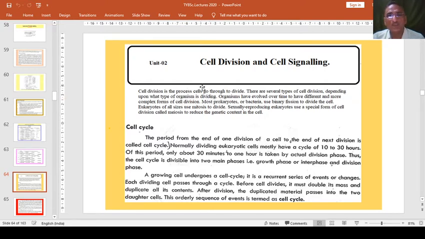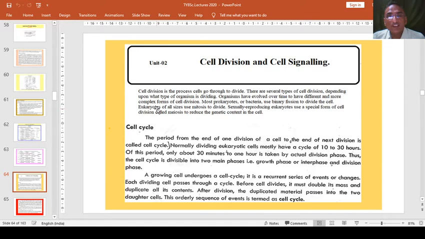There are so many differences. Organisms have evolved over time to have different and more complex forms of cell division, and most prokaryotes or bacteria use binary fission to divide the cell. That means they divide directly, vertically or horizontally, one cell into two cells.